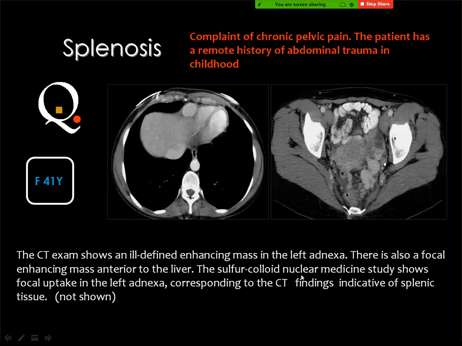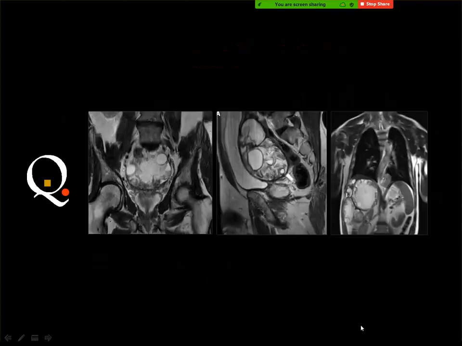Excellent. This history is suggestive. Whenever you get a history of trauma or abdominal surgery related to the spleen, you may think that some splenic tissue has migrated away from the splenic bed and distributed through the abdomen, and you get splenosis.